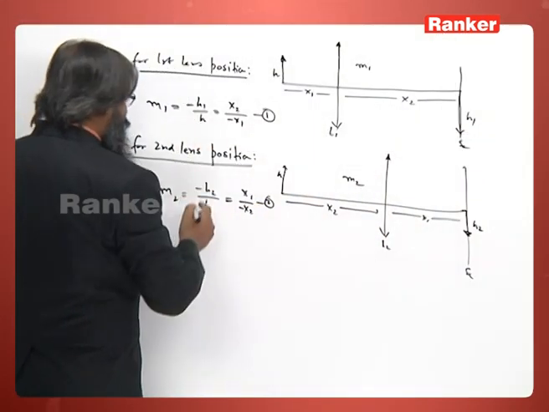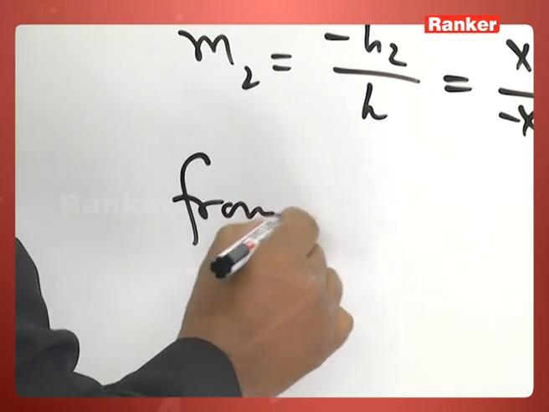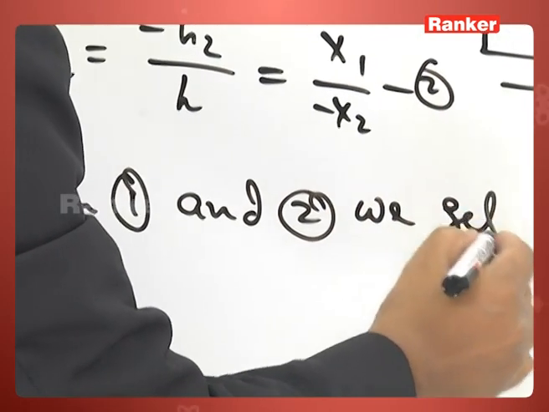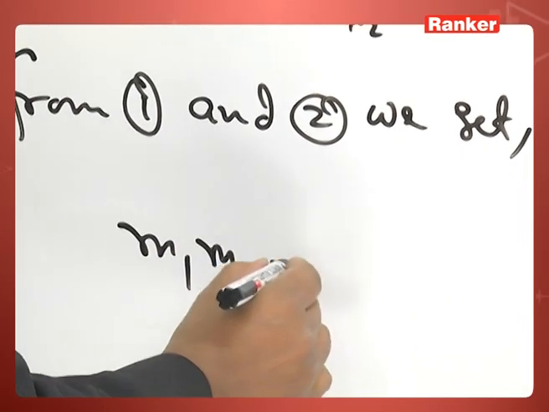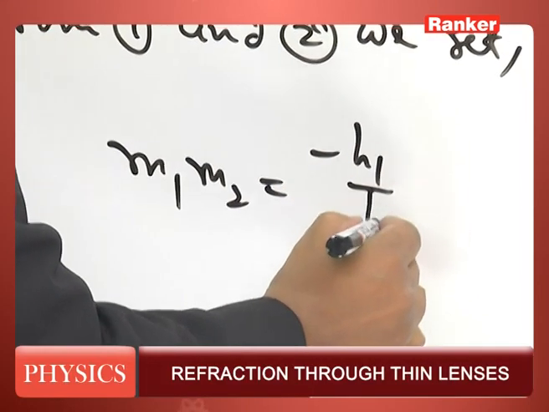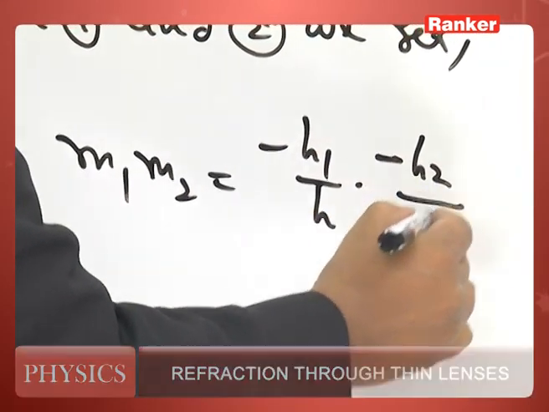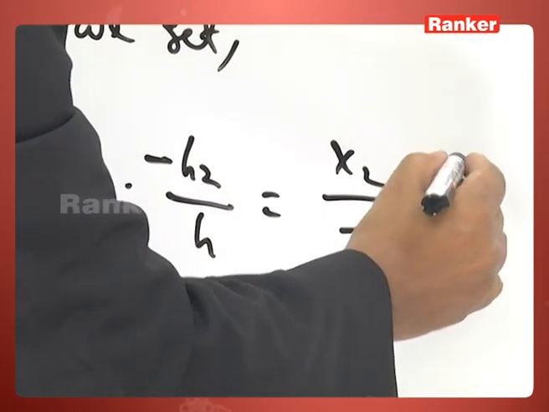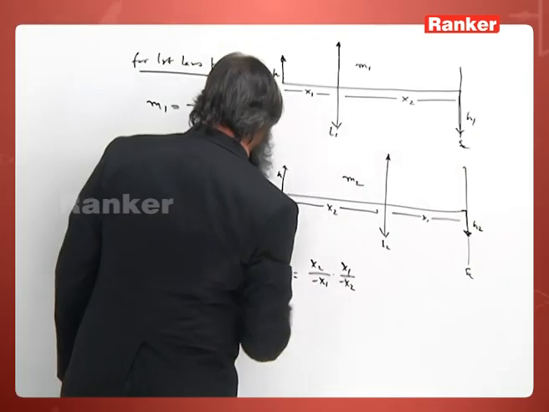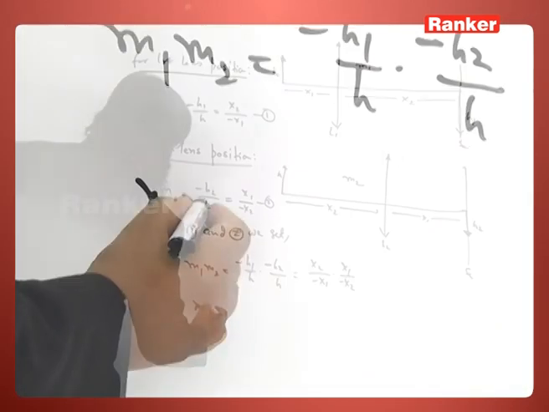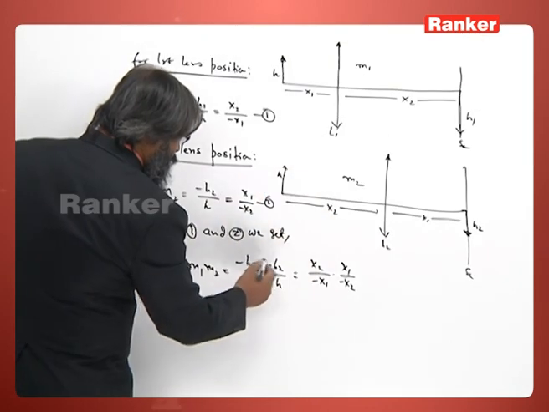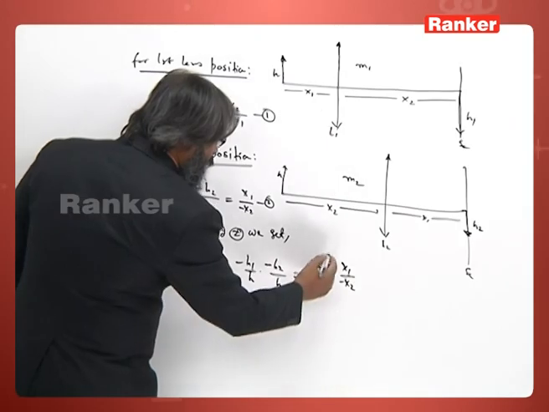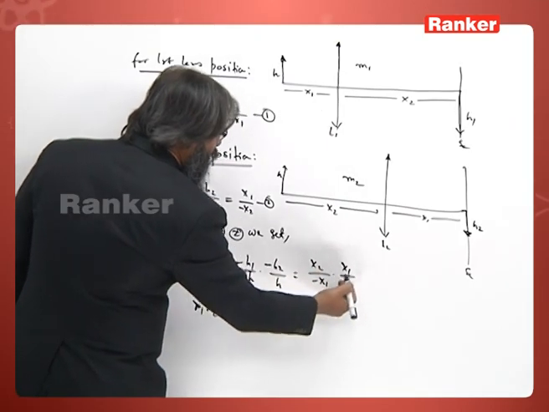So, if I multiply 1 and 2, we get the product of m1 and m2 is minus h1 by h into minus h2 by h is equal to x2 by minus x1 into x1 by minus x2. Here I get m1, m2 is equal to h1, h2 by h square, the minus signs cancel, x2, x2, x1, x1 cancel, minus 1, minus 1.